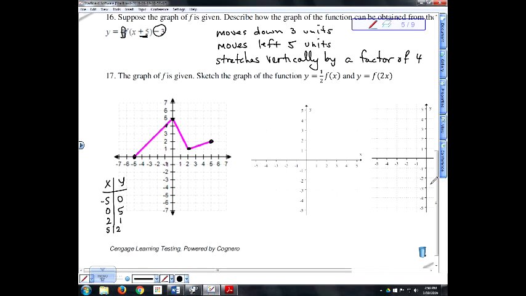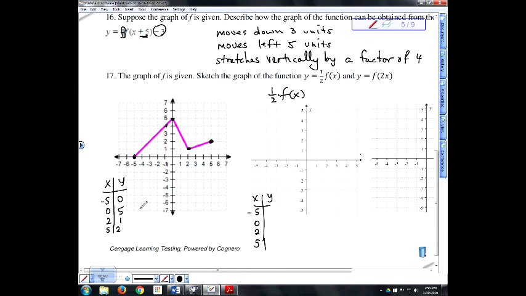So this one, for example, 1/2 of f of x. The 1/2 is outside of the function, so it's going to affect the y column or the y values. 1/2 of f of x means 1/2 of the y values. So making a new table of values, the x column stays the same because this transformation has only affected y values. The y values are going to change by a factor of 1/2.